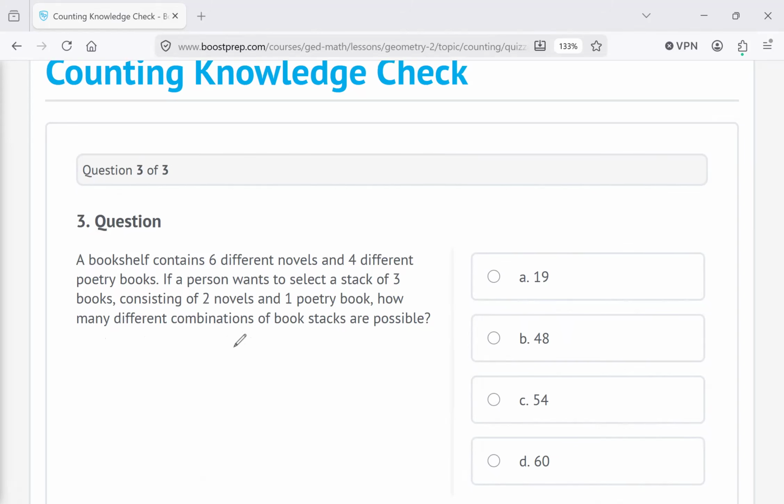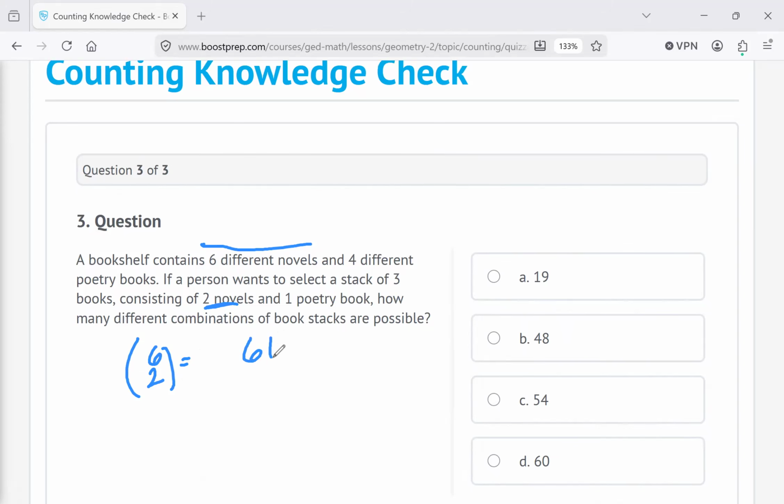So the number of ways to select two novels out of six is denoted as 6 choose 2. So there's six different novels, four different poetry books. So we don't care about the poetry. If a person selects a stack of three books consisting of two novels, so that's a big clue, it's 6 choose 2, right?